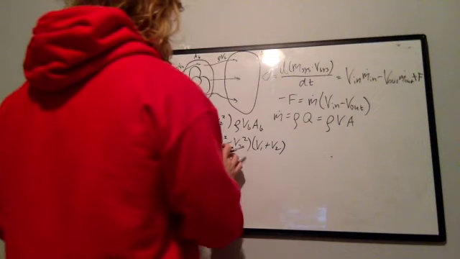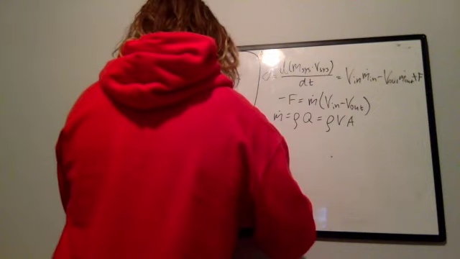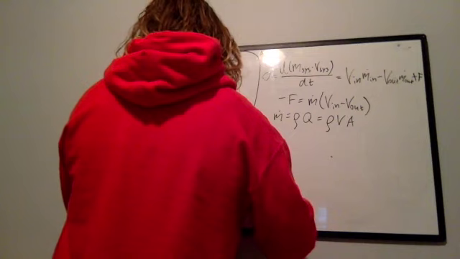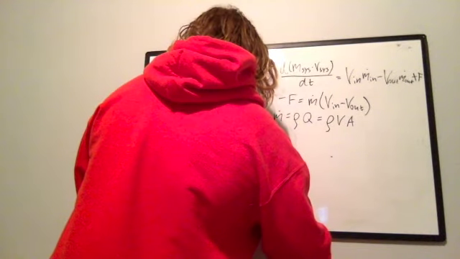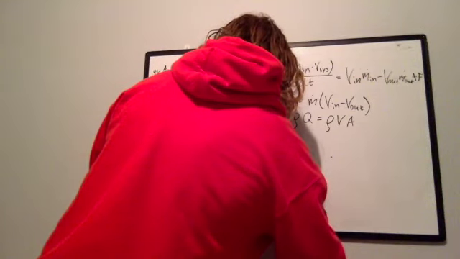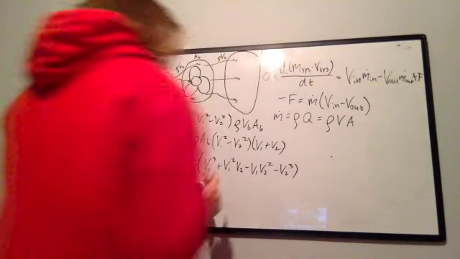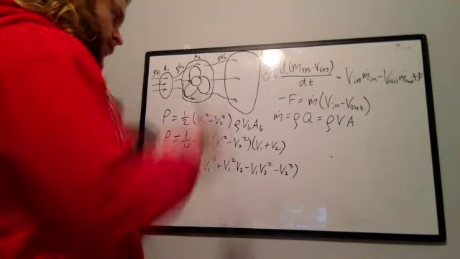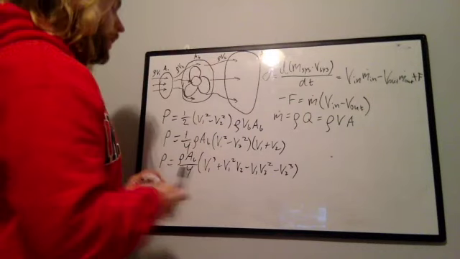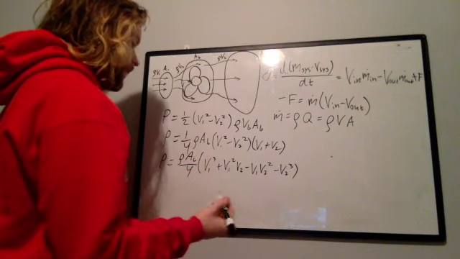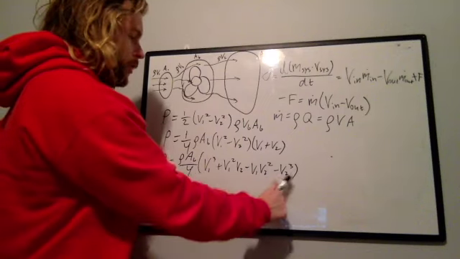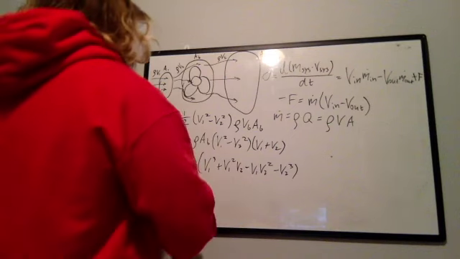Then this will become plus V1 squared V2, and then minus V1 V2 squared, and then minus V2 cubed. All right? And what we can do now is go ahead and take out a common factor over here, this V1 cubed, and we'll see what that leaves us with. So we'll pull a V1 cubed out of all of these terms and pull it out front.